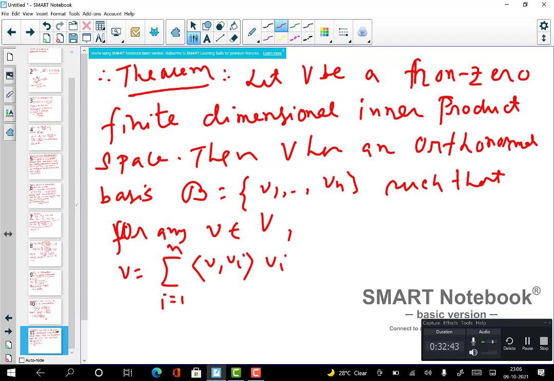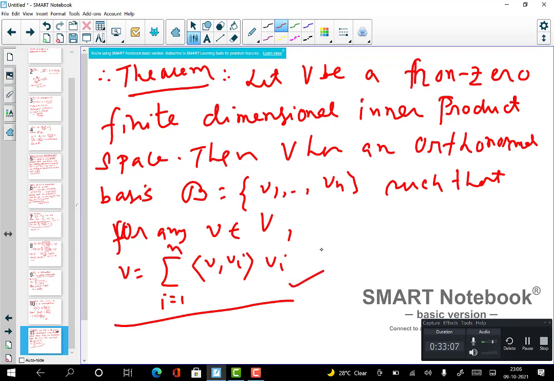This method we discussed in the last class, that for an orthonormal set you can always write this down. This is already proven in the last lecture.